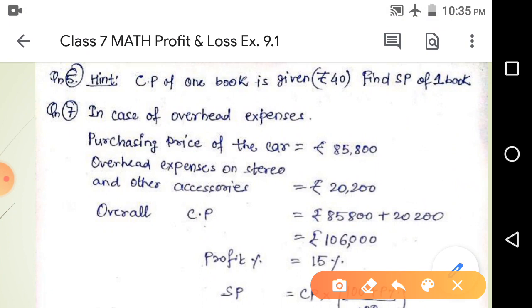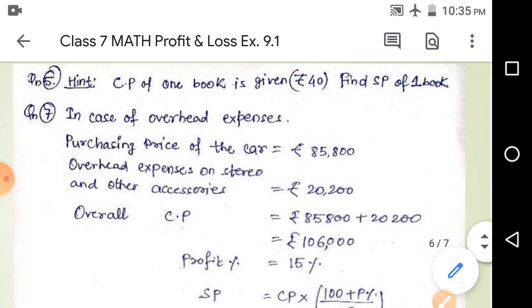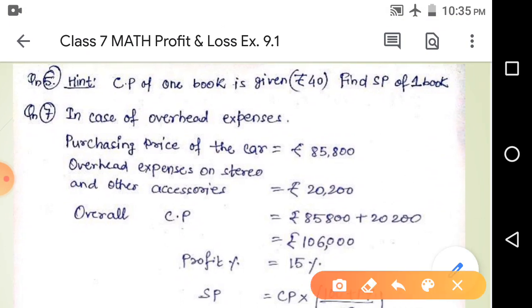So the CP of one copy of the book we can find out. The CP of one copy of the book is rupees 40. The CP means cost price, it is given. Now find the SP of one book.